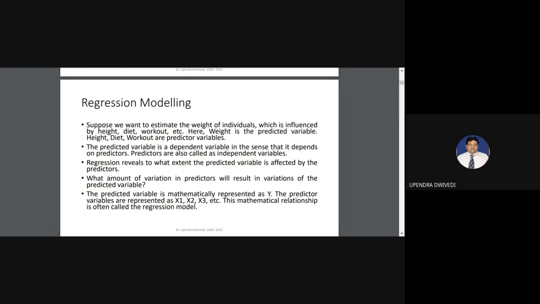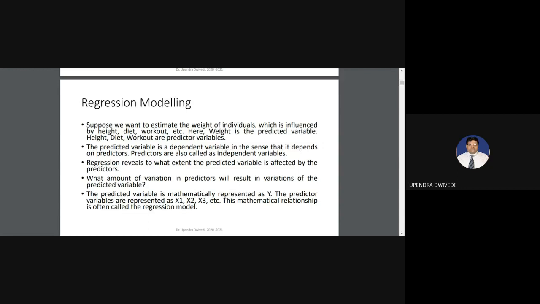We had discussed one example. In that example, we discussed the weight of an individual person, and that weight is directly dependent on height, diet, and workout. If we change the value of height, diet, and workout, it affects the weight of that particular individual.